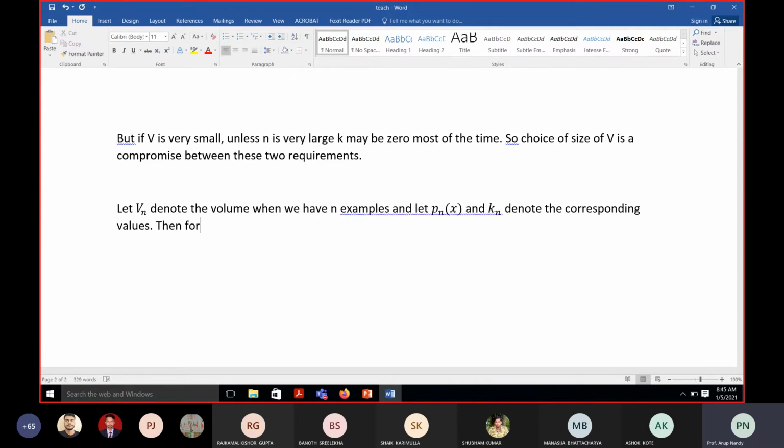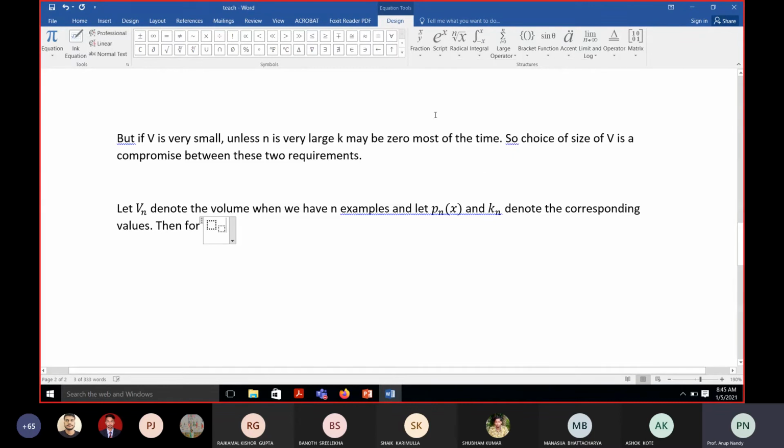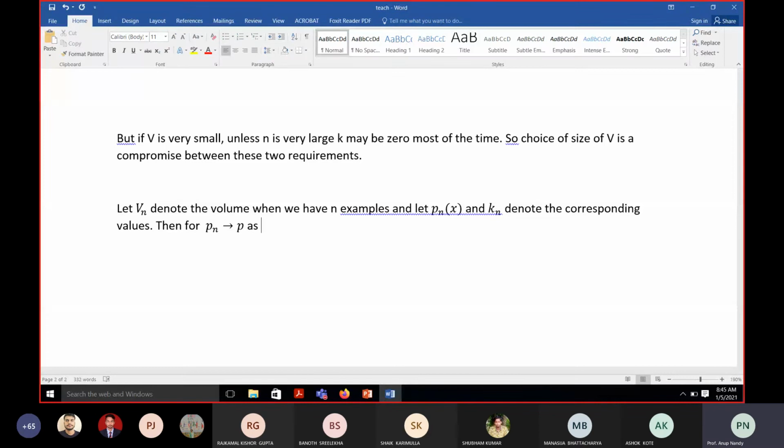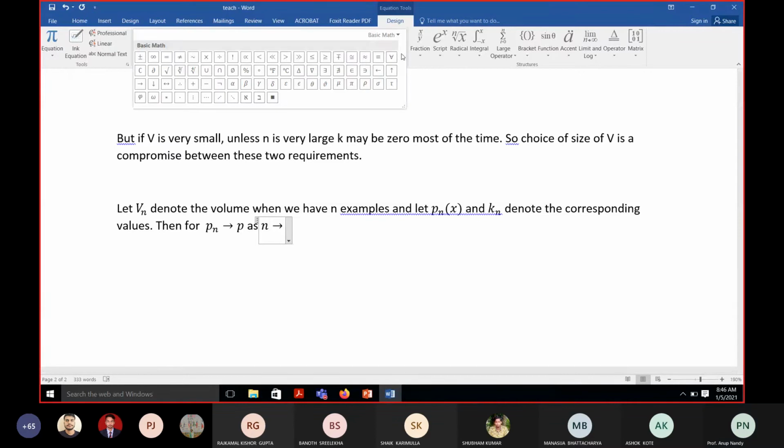Then p_n is tending to p as n tends to infinity.